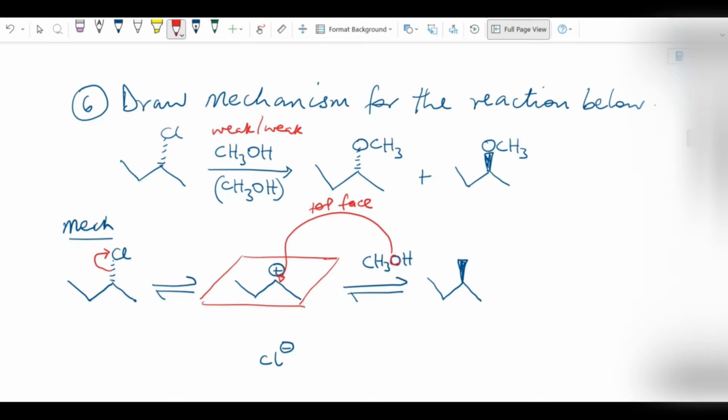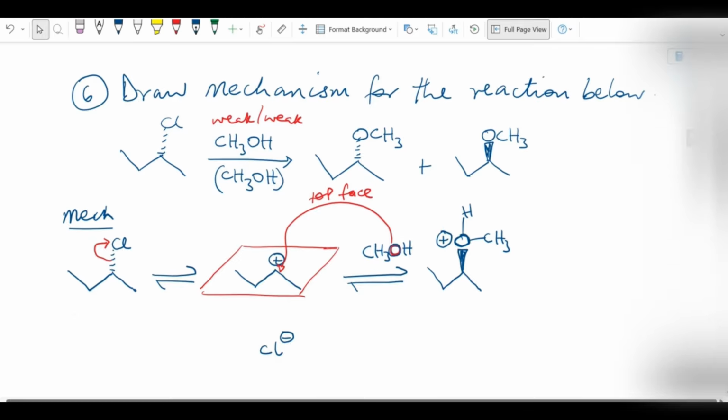And since it's the oxygen that attacks that carbon, the oxygen is what we will draw next to that carbon. And that oxygen is connected to CH3 and hydrogen. Since the oxygen donates electrons to the carbocation, we'll give that oxygen a positive charge. And since we have an oxonium ion, the anion will be attracted to the oxonium ion. Remember, you must always account for the charges at every step of the mechanism.